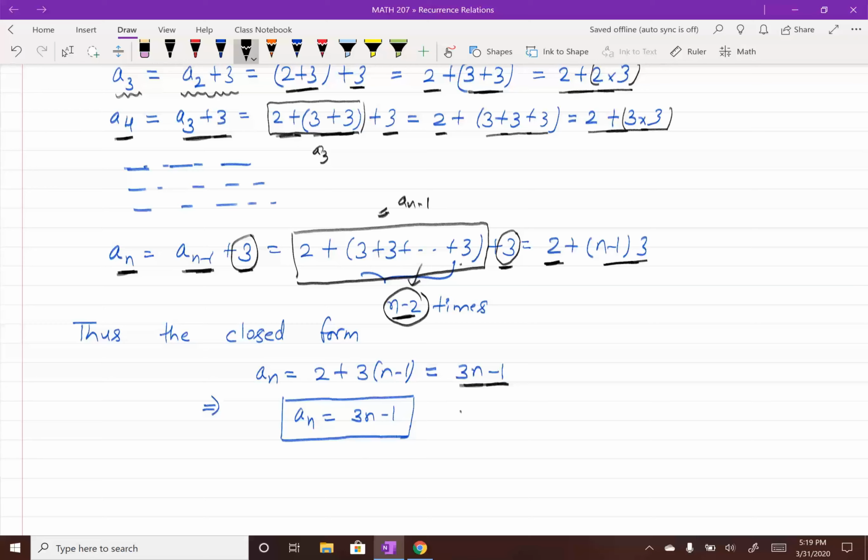Okay, so this is your closed formula, which is the solution of your recurrence relation. This is your first method, working upward and doing the forward substitution, and this way you are able to generate a closed formula for the nth term of that sequence, which solves your recurrence relation.